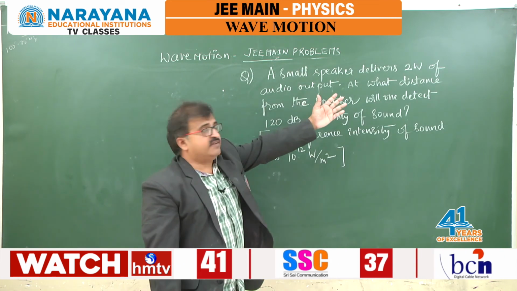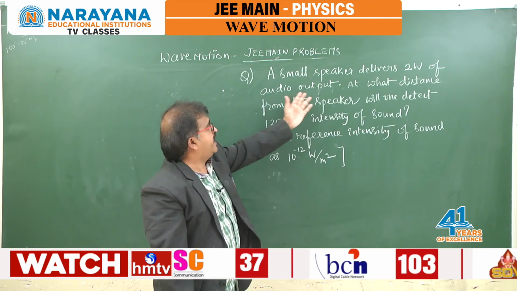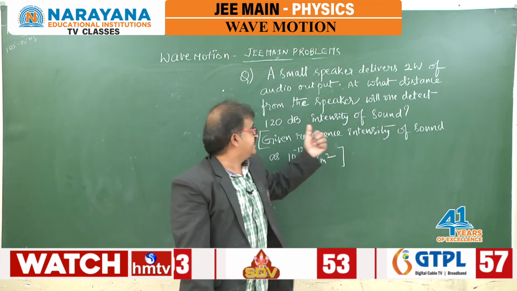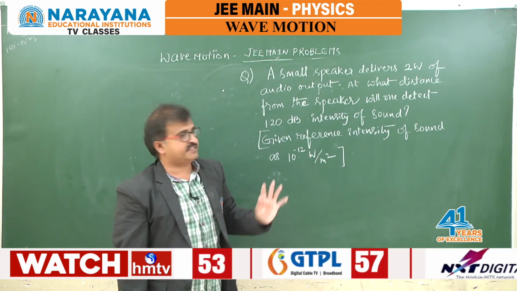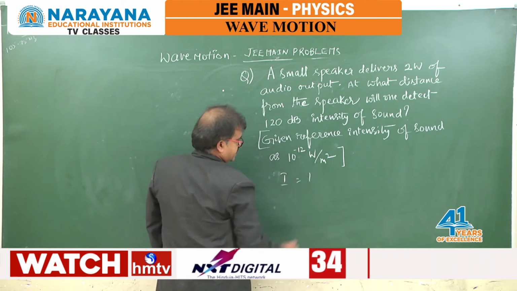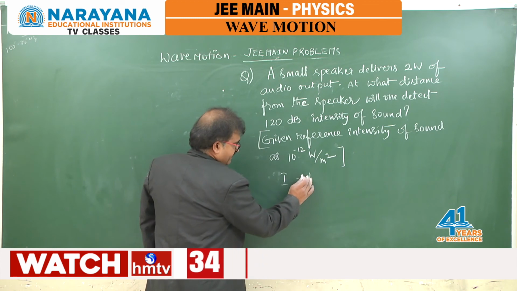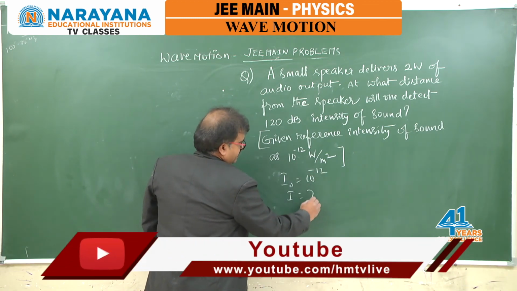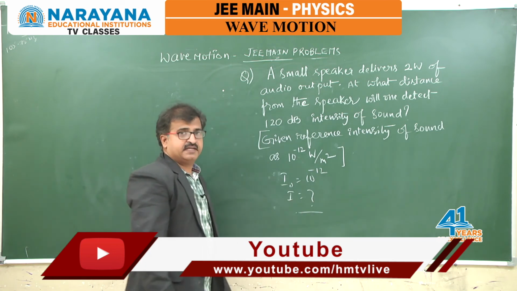A small speaker delivers 2 watts of audio. At what distance from that speaker will one detect 120 decibel intensity? That is the question. So here in this case, we know that for decibel intensity, the I naught value is 10 power minus 12. The I value is to be calculated.